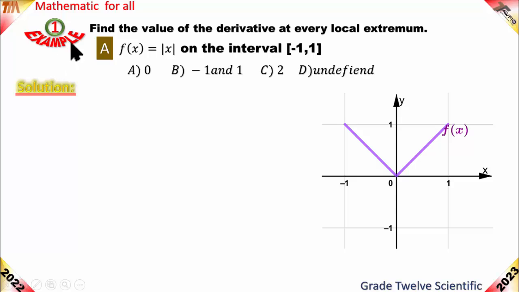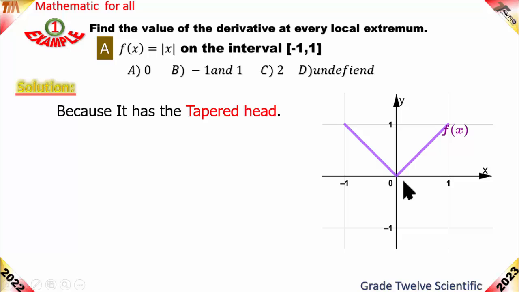Let us take example number 1. Find the value of the derivative at every local extremum. f of x is equal to the absolute value of x on the interval -1, 1. As you can see here, the function has a sharp head, so the derivative of the function is undefined.